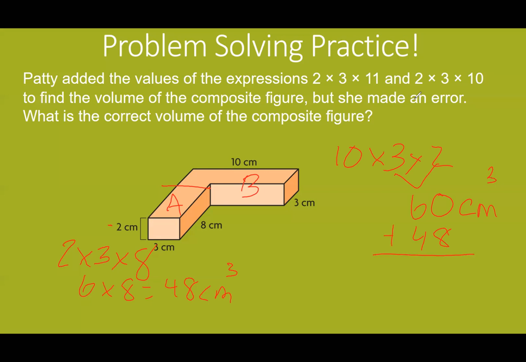When I add them up, I get 108 centimeters cubed. Did you get that answer? That's better. 108 centimeters cubed. And it really doesn't matter if you cut it apart the way I did or if you cut it apart the way that Patty did. You'll still get that same answer.